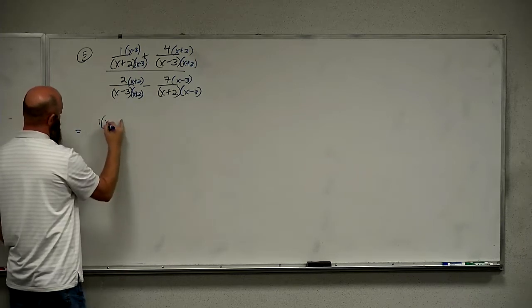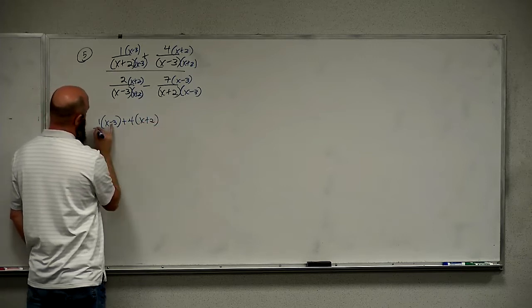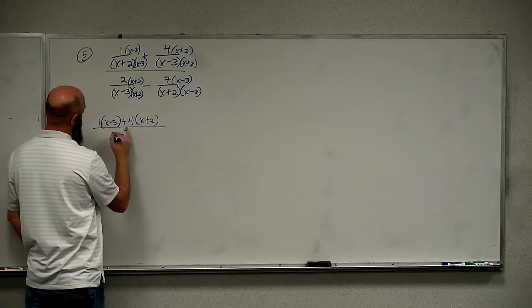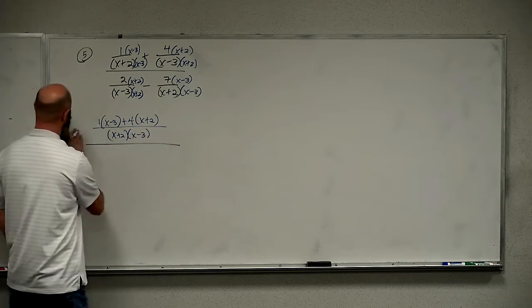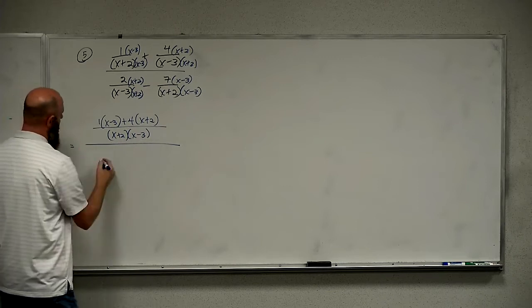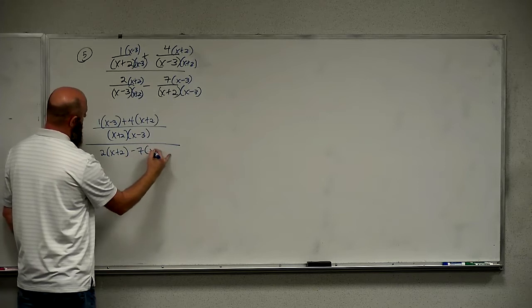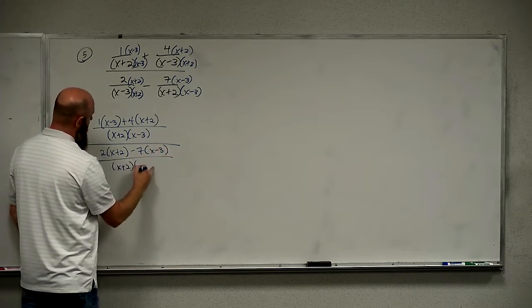We have 1 times x minus 3 plus 4 times x plus 2, all over x plus 2 times x minus 3. We're going to have our other piece on bottom, 2 times x plus 2 minus 7 times x minus 3. And again, we have x plus 2.